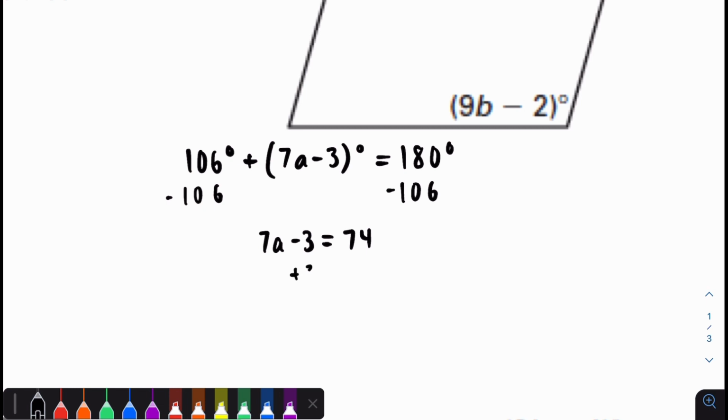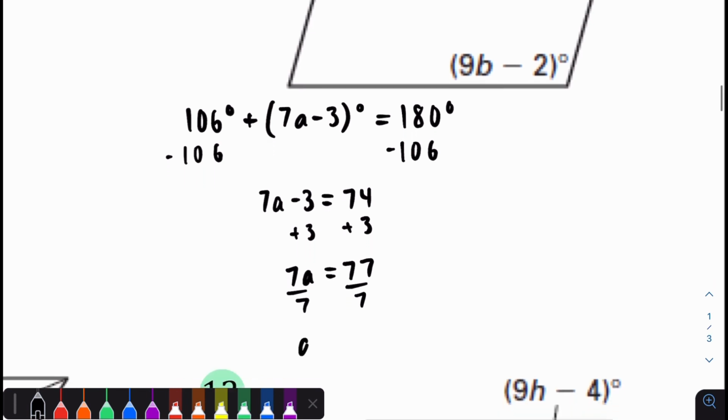I'll add 3 to both sides. And then I'll divide both sides by 7. And I end up with a equals 11.